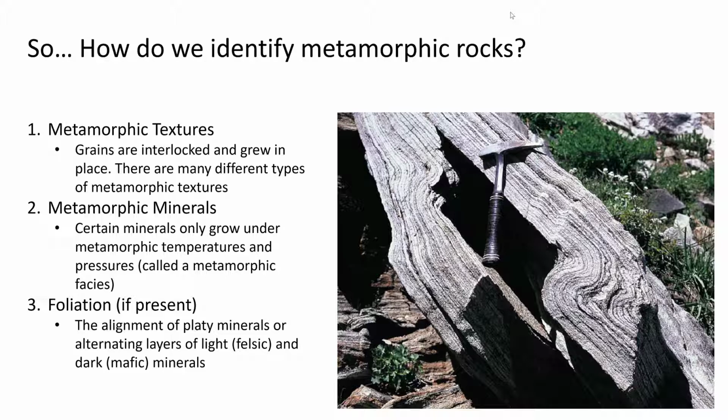For metamorphic minerals, we've learned that certain minerals only grow under metamorphic temperatures and pressure conditions, called the metamorphic facies, and we can then use this to make interpretations of the history of the rock we're looking at. And foliations are the alignment of platy minerals or alternating layers of felsic and mafic minerals, such as gneissic layering. In the next few classes, we'll start to learn about measuring orientations of foliations and other structures in rocks. That will be very helpful to making maps.